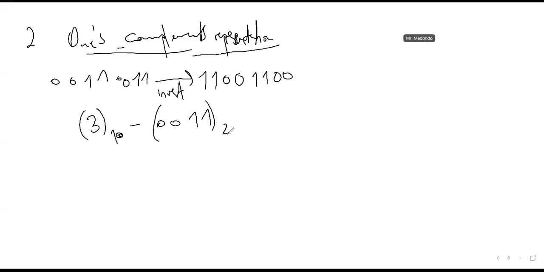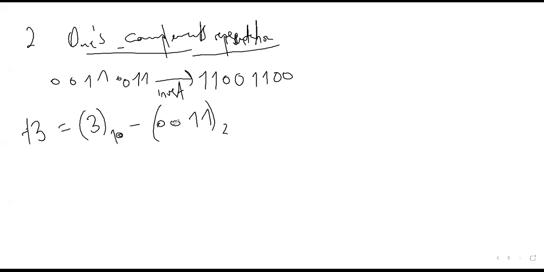How do you represent negative 3 using one's complement? So this is positive 3. How do you then represent negative 3? To represent negative 3, you invert all the bits in the binary number.